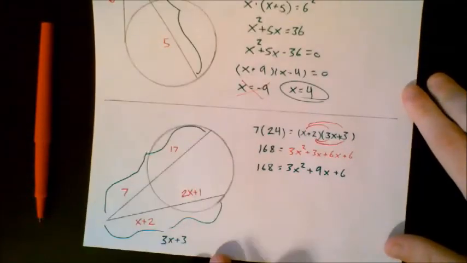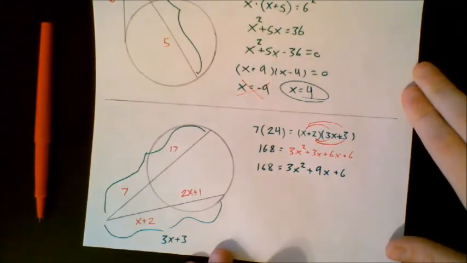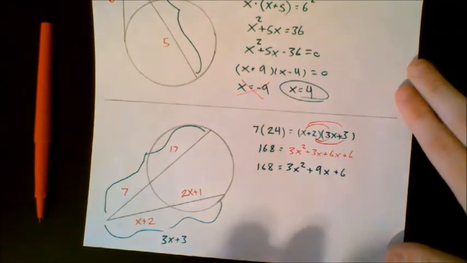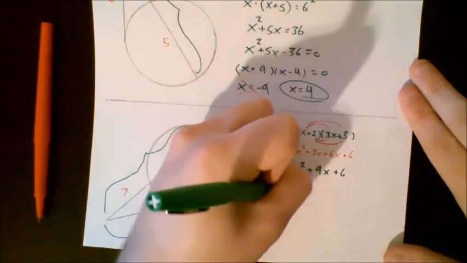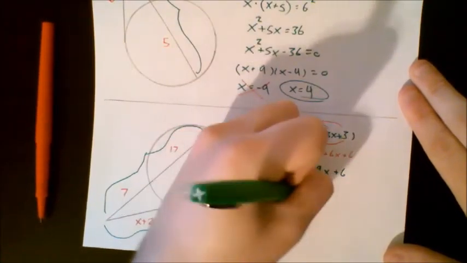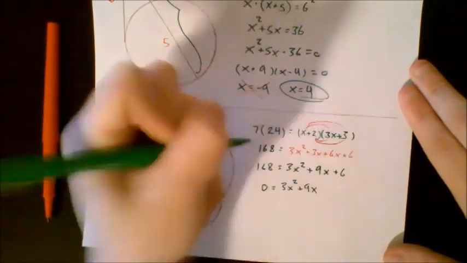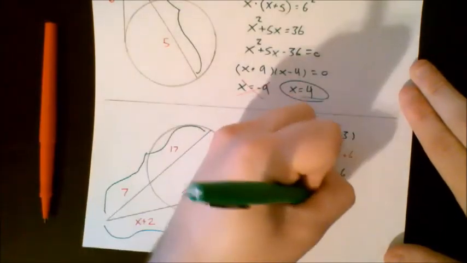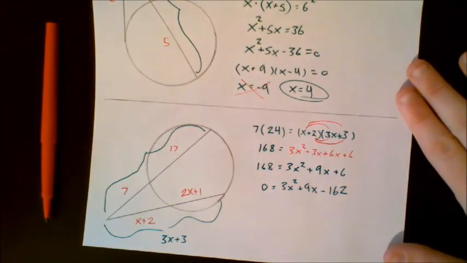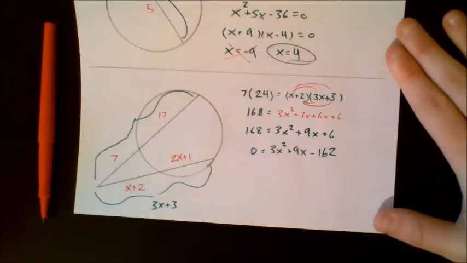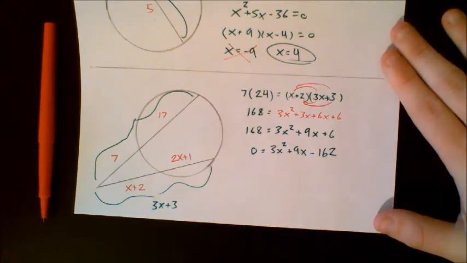All right, so let's move the 168 over. We have 0 equals 3x squared plus 9x minus 162. So we can either factor it now or we can make life just a little bit easier.